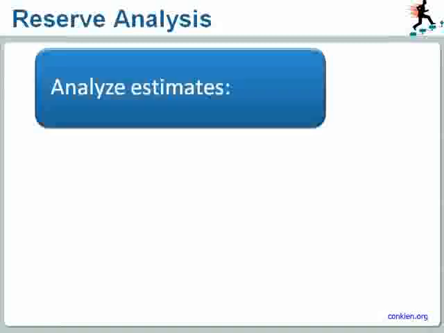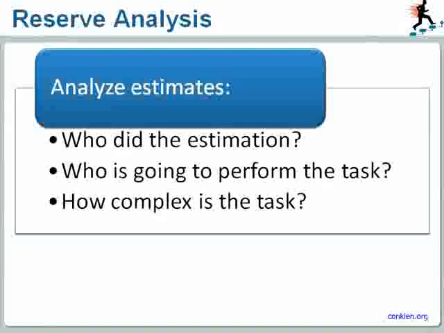Okay, so now we have all these estimates. What do you do now? I can tell you what I would do. I would put in a reserve. I would analyze my estimates and I would figure out, well, who estimated it? Who is going to perform the task? How complex is the task?